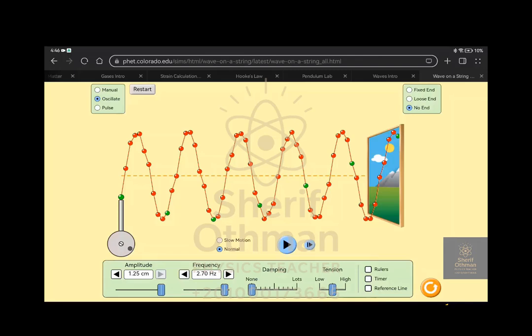Consecutive points means repeated points with the same properties. So let's revise again, guys. Amplitude is the maximum displacement from the rest point. The amplitude of the same wave is always constant. Frequency is the number of waves produced per unit of time.